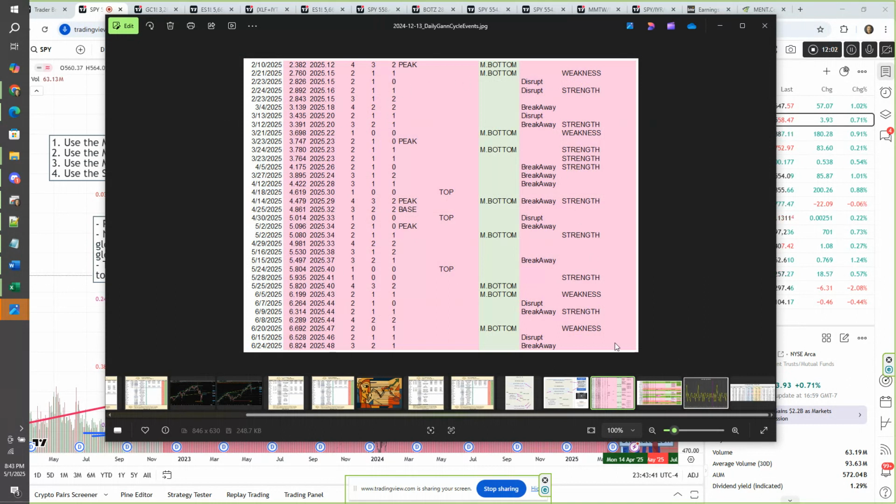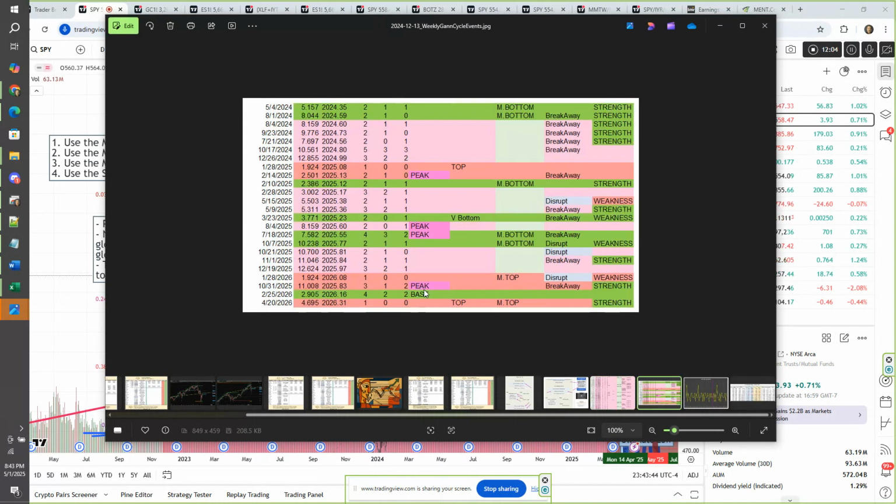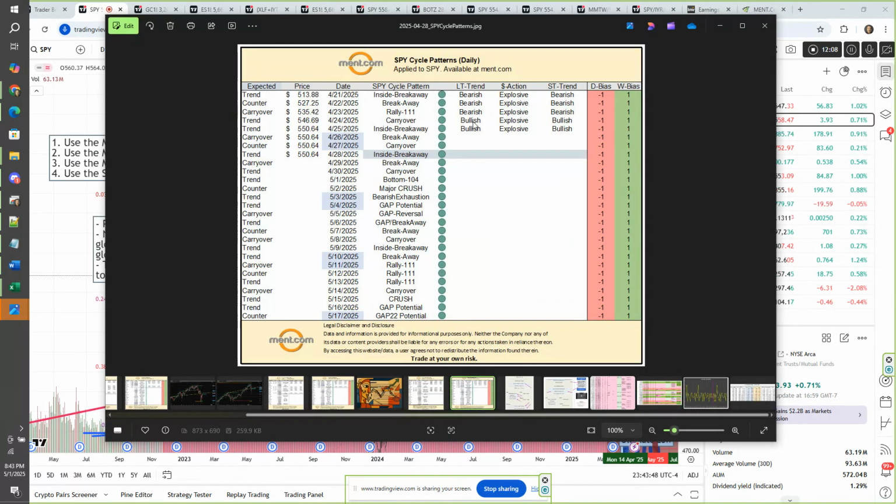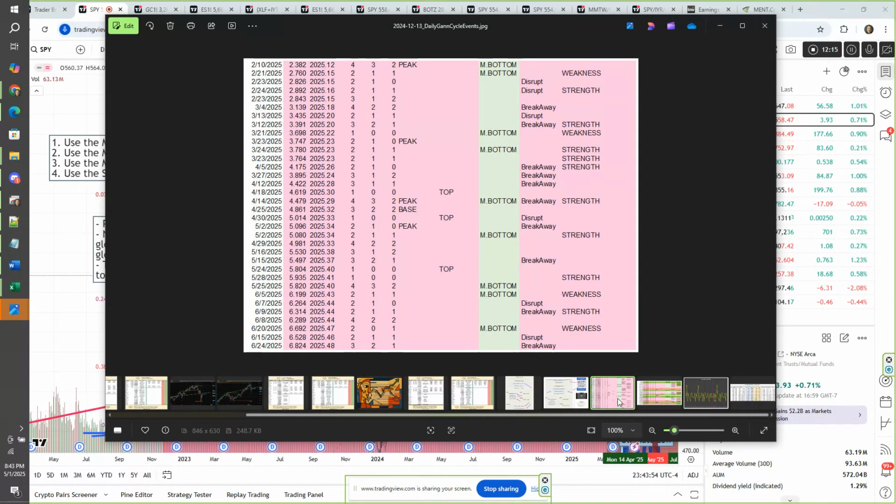These are daily and weekly cycle rotation patterns that go along with my traditional SPY cycle patterns to show me where we're going to see strength and weakness in the market, potentially. Now, again, are these 100% accurate? No, I wish they were, but they're not.